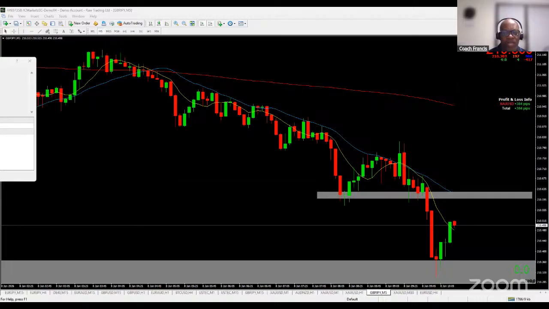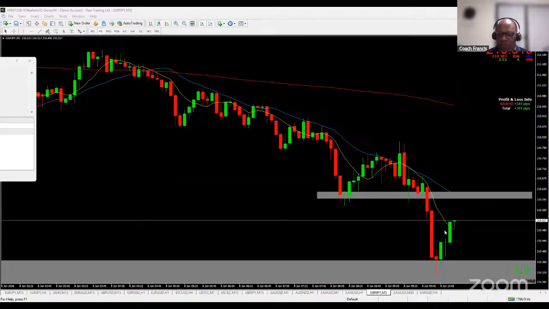Okay, so let's check other pairs in the meantime. Let's see what the other pairs are doing. Gold is one we're going to be looking at.